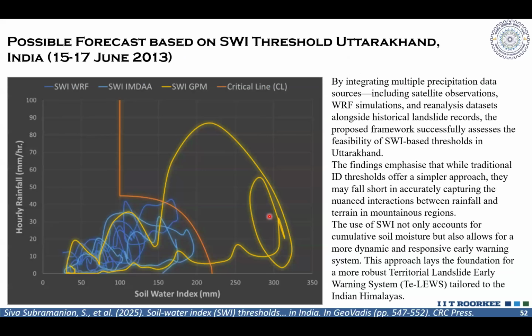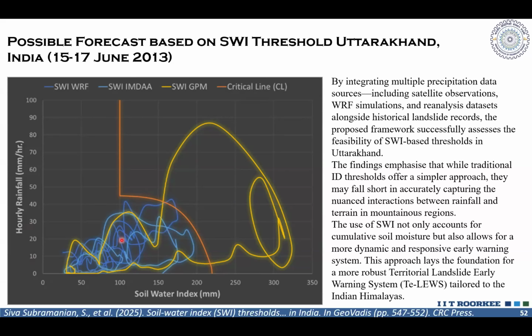And if we calculate the threshold as studies have done for cases in Japan, this is the critical line. We do not have an existing critical line because we are doing this for the first time for Himalayan cases. For Indian cases, we take reference from the existing general critical line that is widely adopted across the literature in Japan.